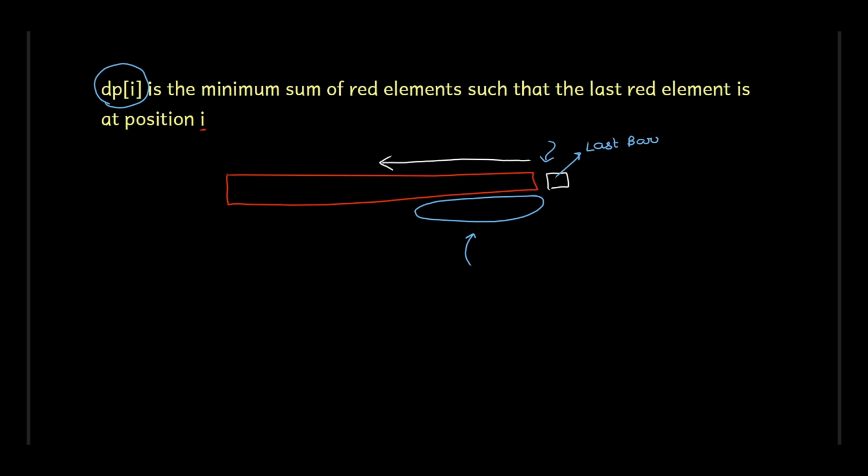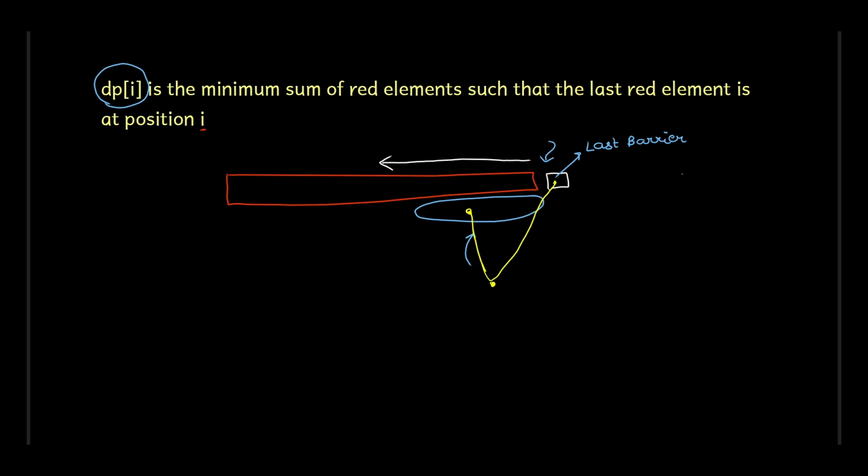Then where do you want to strategically place the second last barrier? Of course, it has to be in this region, but which one exactly? You would want to select the second last barrier such that when combined with it, the sum of the red elements is minimal.